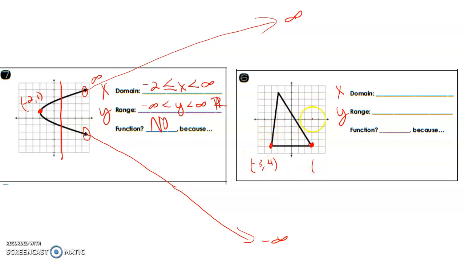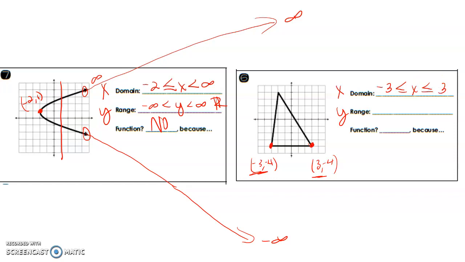That should have been negative 3, negative 4, and positive 3, negative 4. All right. So my domain, again, we're just focused on x values, goes between negative 3 and positive 3. And then what symbol do I need? There were no breaks or open circles on the triangle, so less than or equal to.